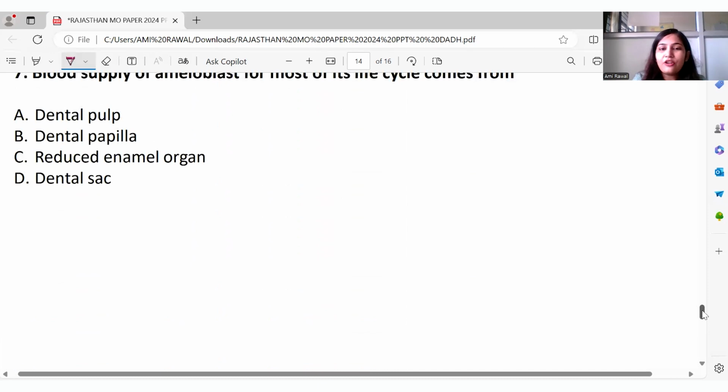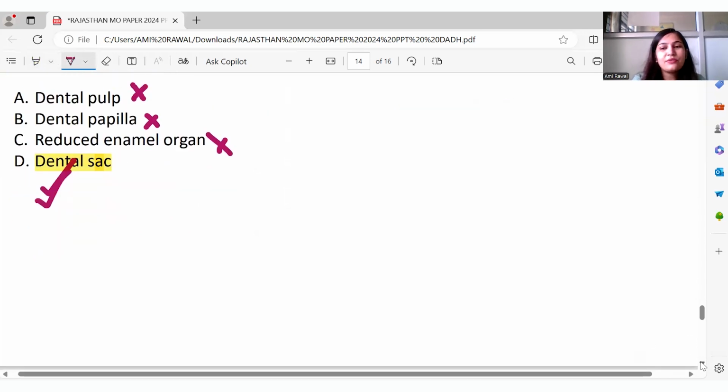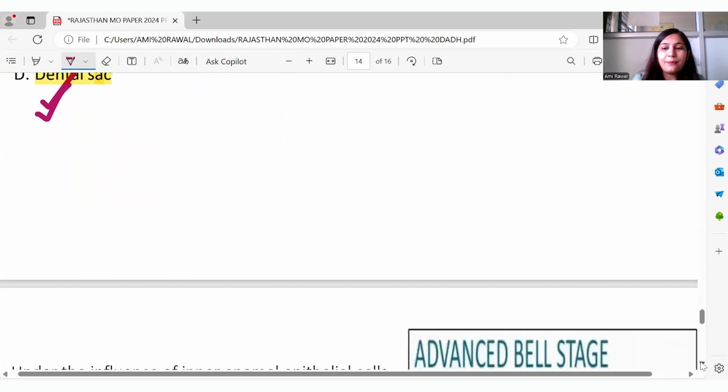That blood supply of ameloblast is from dental sac, because once dentin is formed, nutritional supply will be cut off from dental papilla. So the rest of them are not the correct options. There were mainly 7 questions. We have discussed all the questions and most of the questions were from tooth development, which is a very important topic.